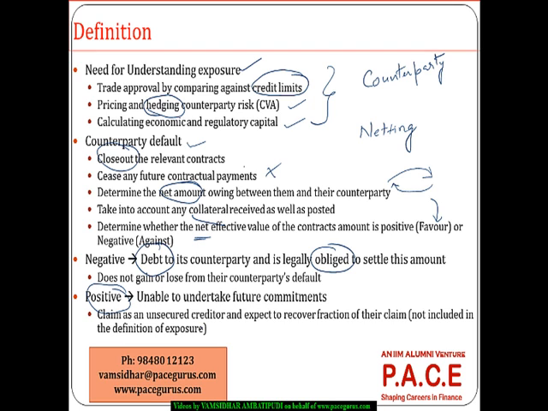Whereas if the net is coming out to be positive, yes, this company will not take up any future commitment, but whatever the net positive value is, it can take it as a claim from the bankruptcy court, from the proceedings of the bankruptcy.